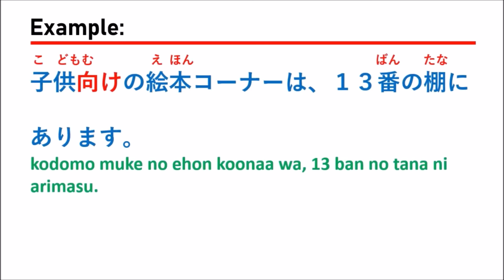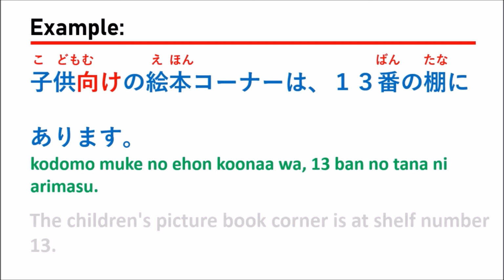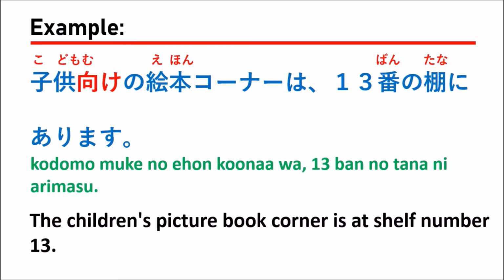The next example, 子供向けの絵本コーナーは13番の棚にあります。 Which means the children's picture book corner is at shelf number 13.